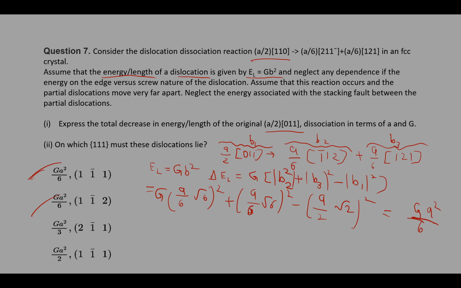Okay. And the second thing they are asking is on which {111} plane this dislocation must lie. For that, we have to add one plane {111} on which this dislocation, a by 2 [011], must lie.